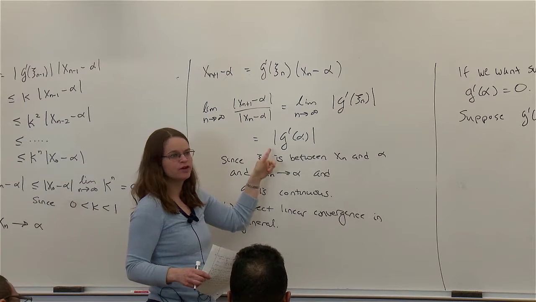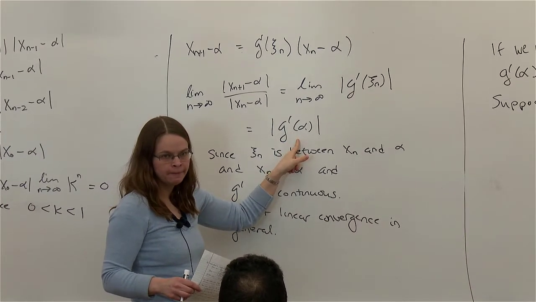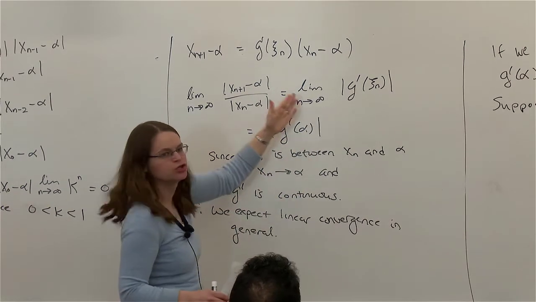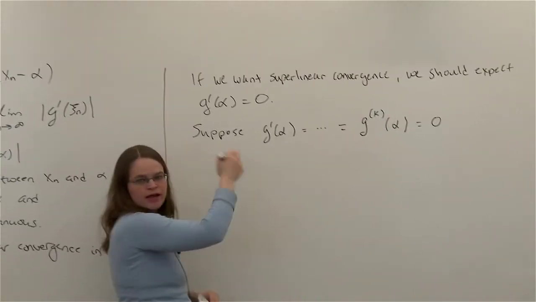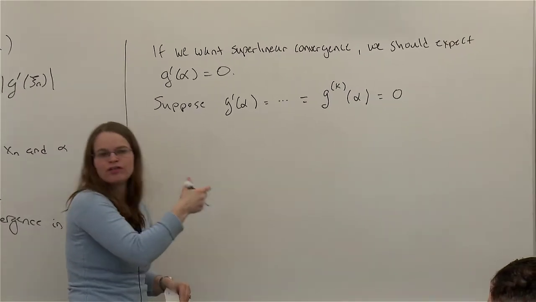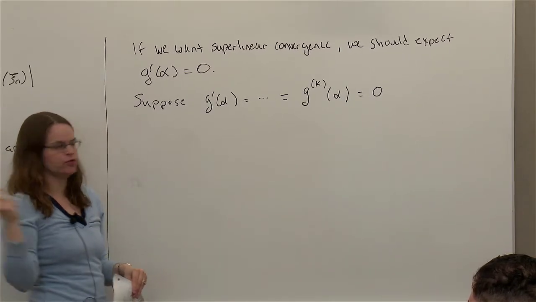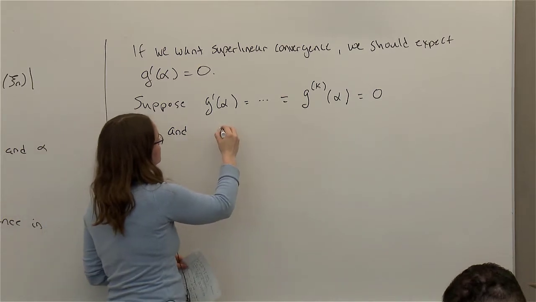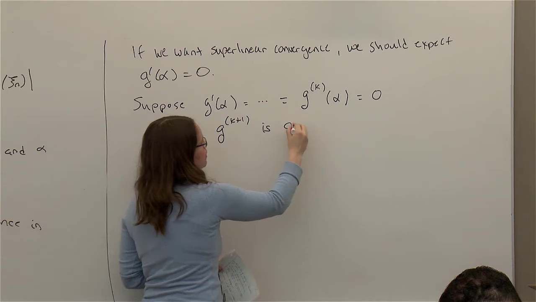For linear convergence, we expected g prime to be non-zero, and we needed g prime to be continuous in order to push these limits through. So I'm going to assume these are 0, and then my next derivative is the non-zero one. I'm probably going to need it to be continuous to make these limits go through. So let's suppose that the (k+1)th derivative of g is continuous.